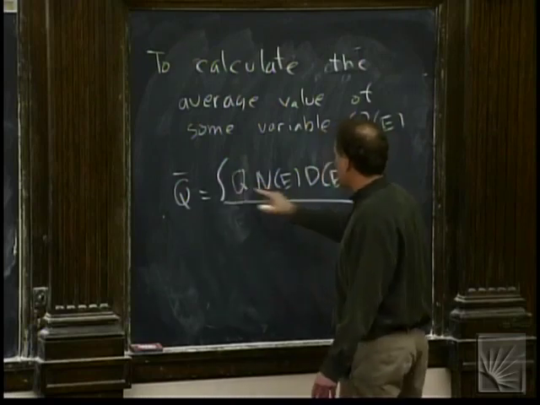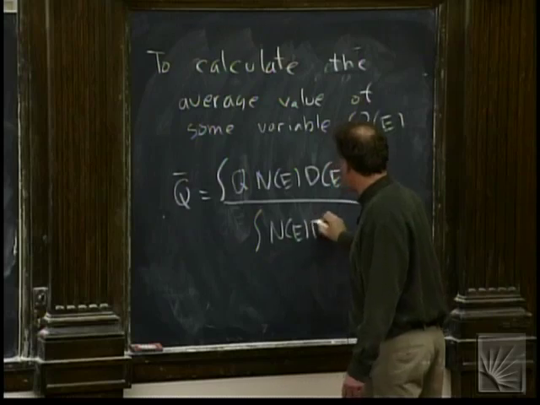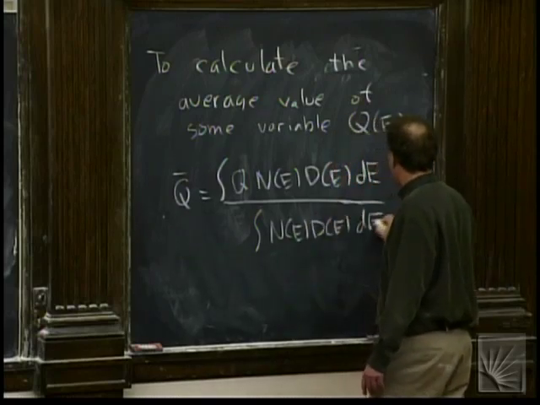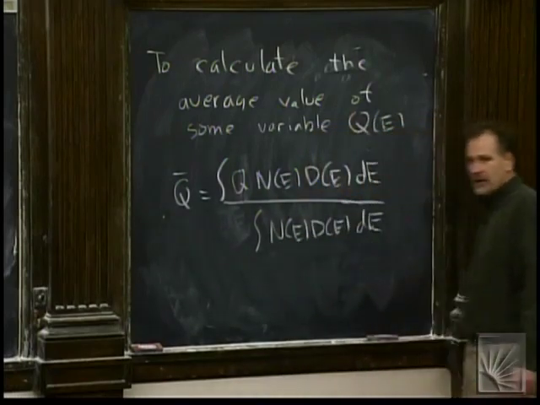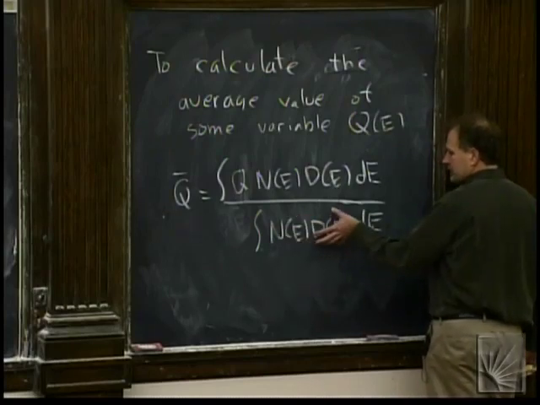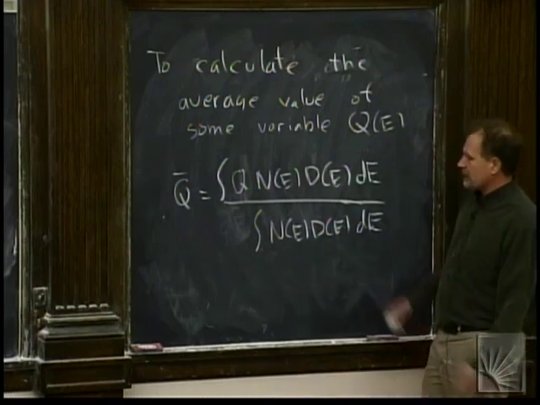So I just multiply by Q, and I may or may not have formally normalized this yet. So assuming I haven't, then I write down the normalization, which was that the sum of all occupation numbers times the density of states times dE. I had to integrate that to find a normalization.